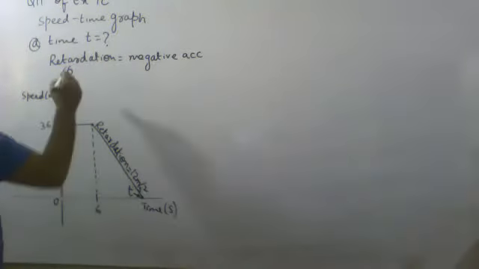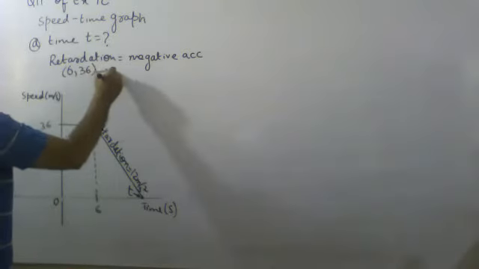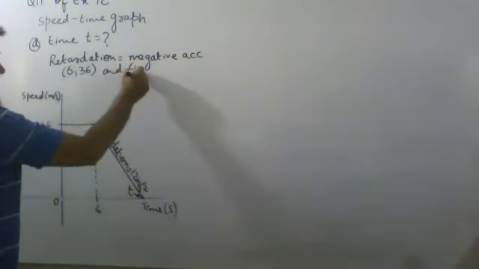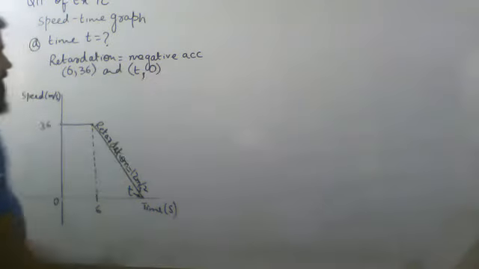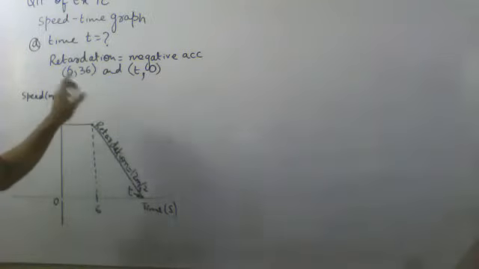X coordinate is 6, y coordinate is 36, and over here x coordinate is t and y coordinate is 0. Now I am going to put these two in the gradient formula to get my result.